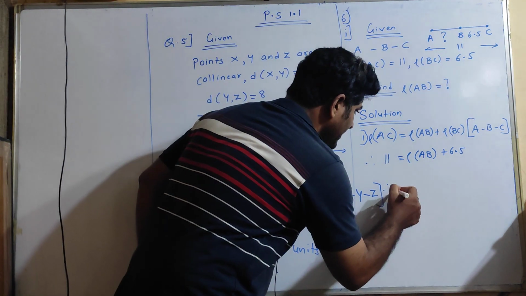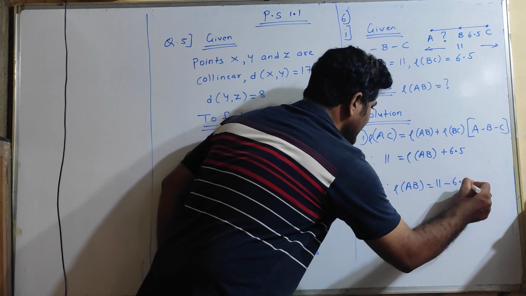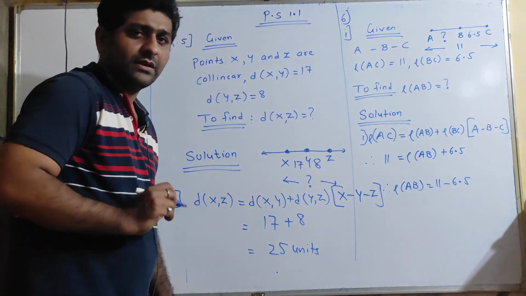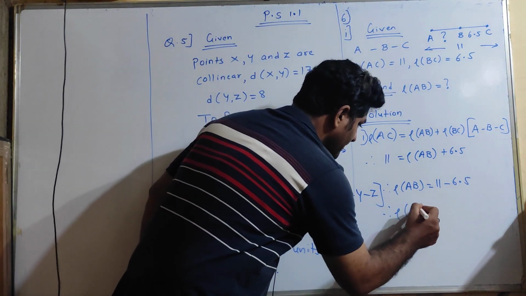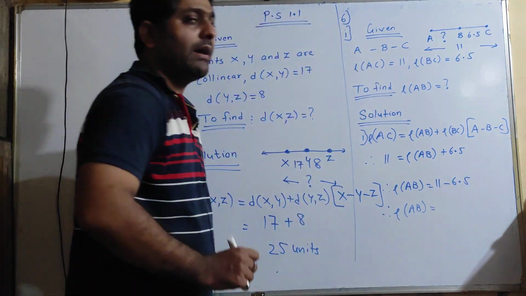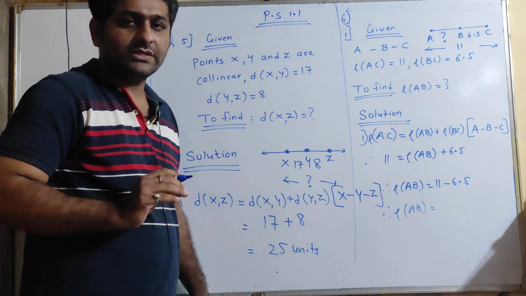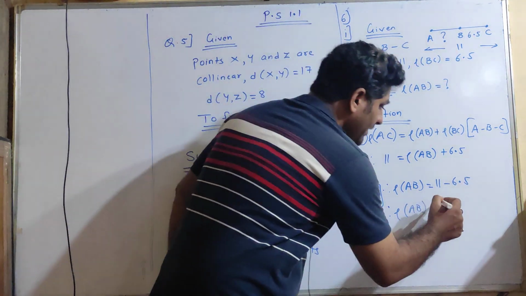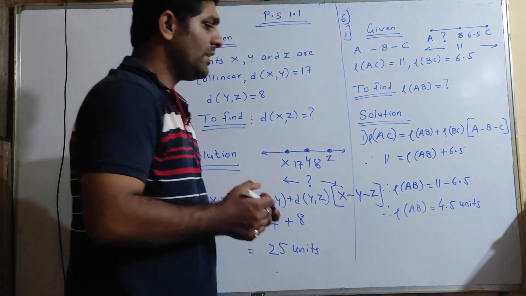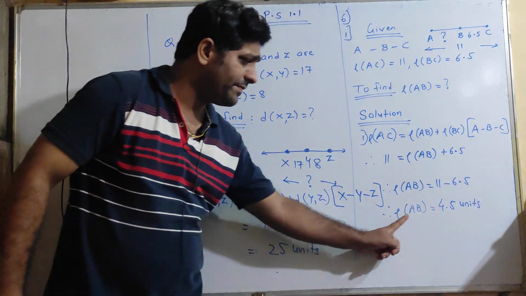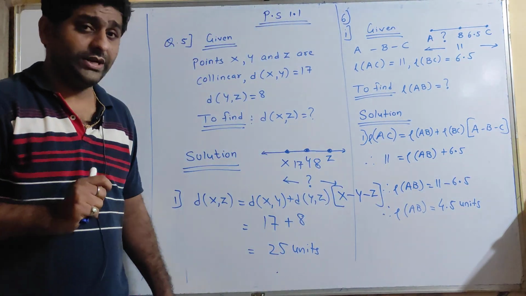So basically length of AB will be now 11 minus 6.5. Correct students? So 11 minus 6.5, and students, the answer for this will be 4.5 units. So we have length of AB is equal to 4.5 units.